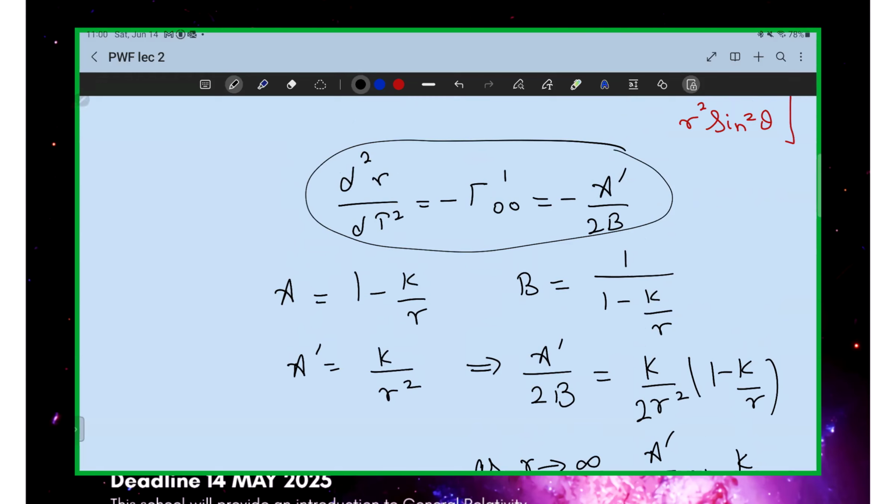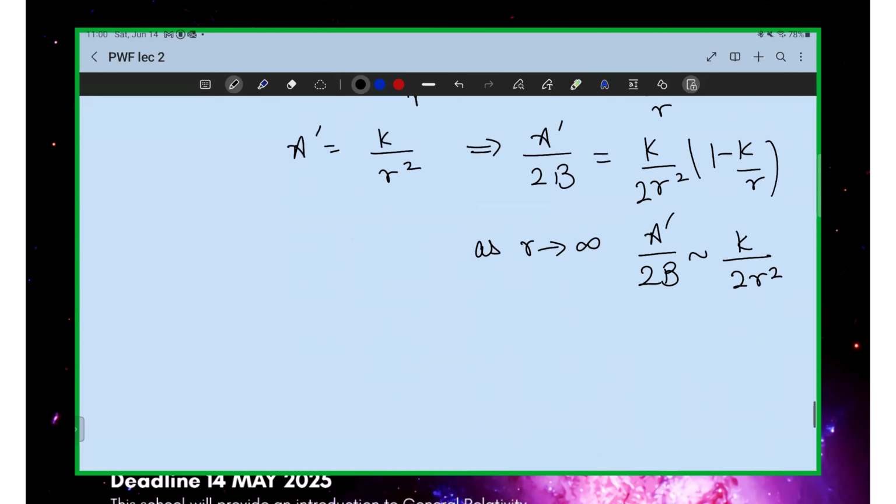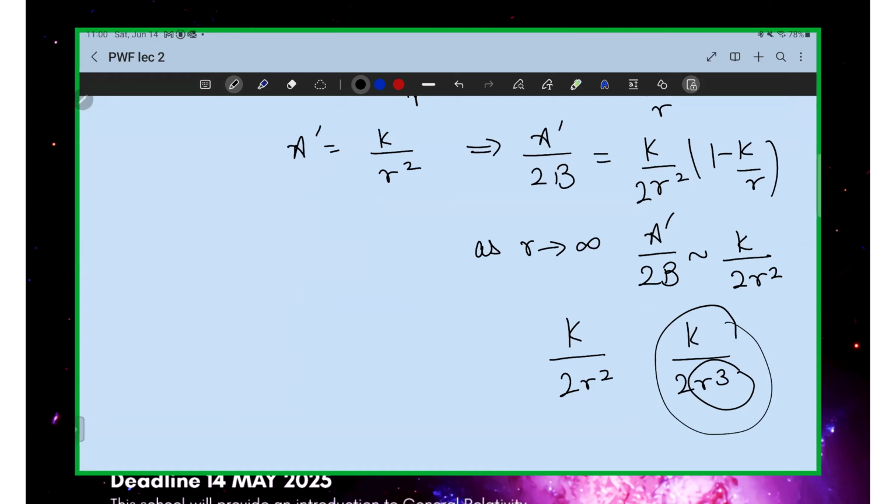Stationary limit means that you are at rest. But one of the terms is k over 2r squared, and the other term is k over 2r cubed. This is a bigger power in the denominator, and if r goes to infinity, this term goes to 0 faster because it has a bigger power of r in the denominator. That's why it's negligible as compared to the first term.